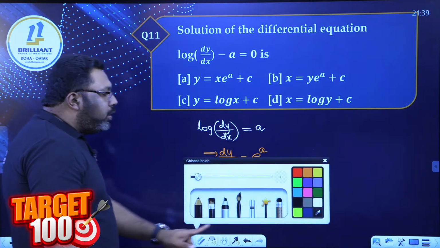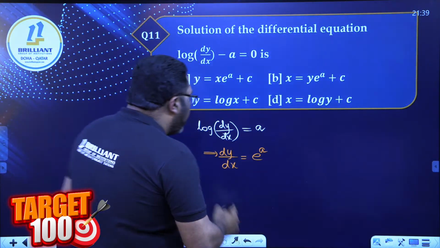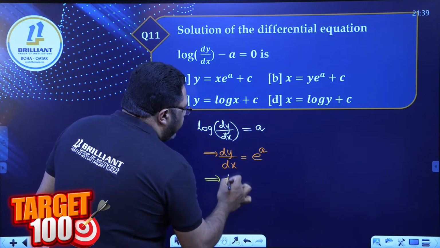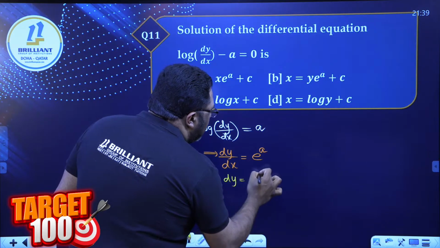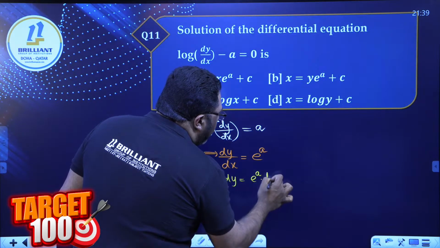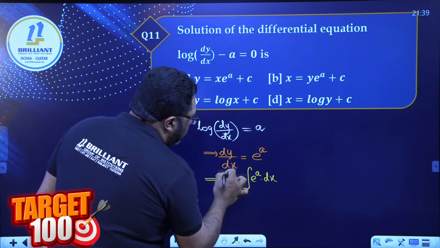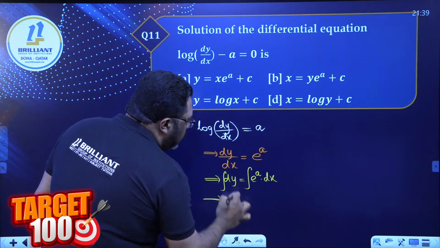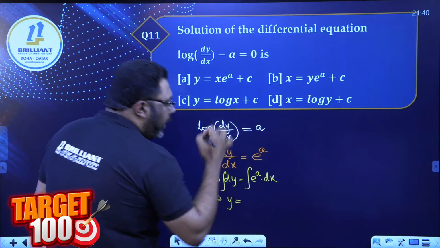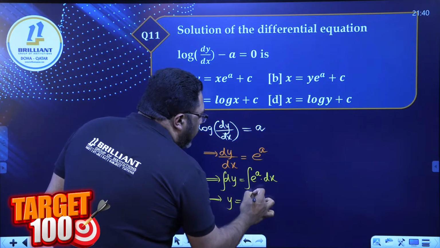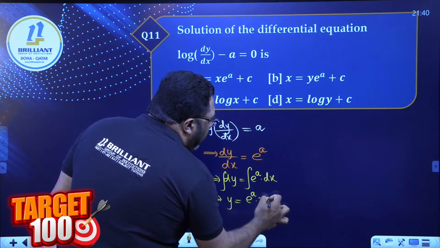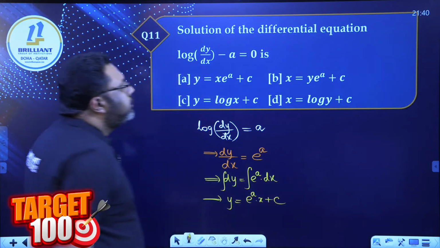Now it's too simple to rearrange and get to the answer. dy is a constant, e raised to a, dx. Integral of dy is y. e raised to a is a constant multiplied with x plus c.